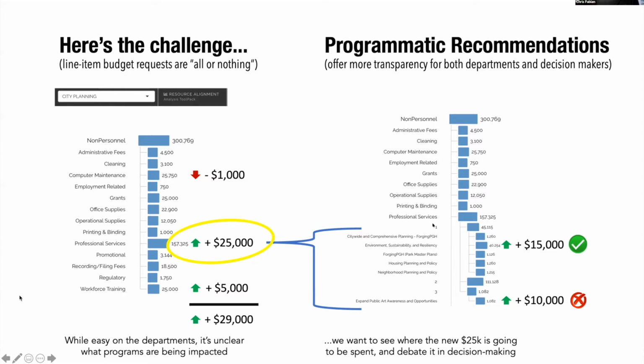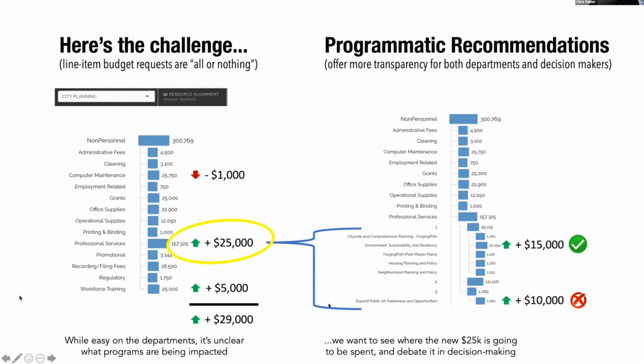That 15,000 of the professional services is going to a quartile 1 program for environment, sustainability, and resiliency. And another 10 grand was going to a lower quartile 3 program, which has less to do with results, and it was around expanding public art awareness and opportunities.